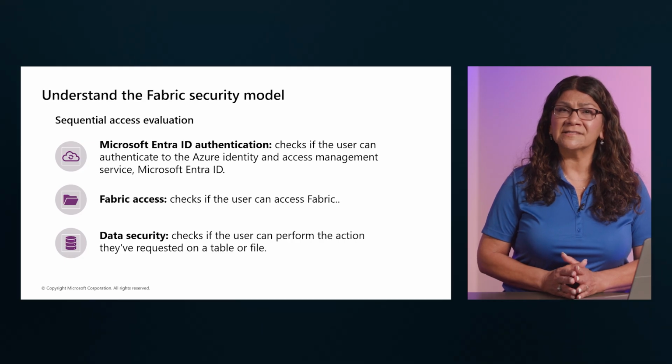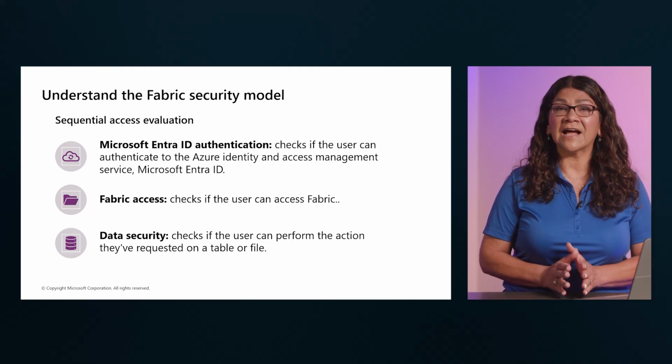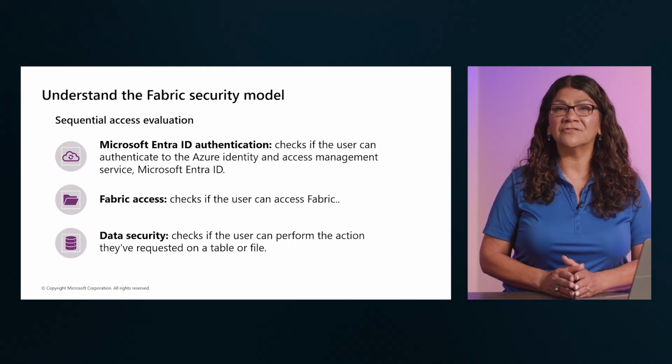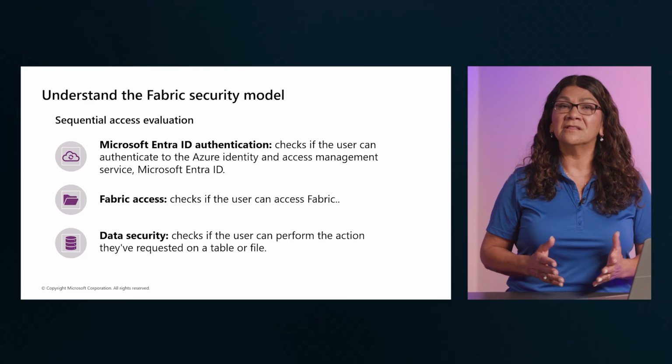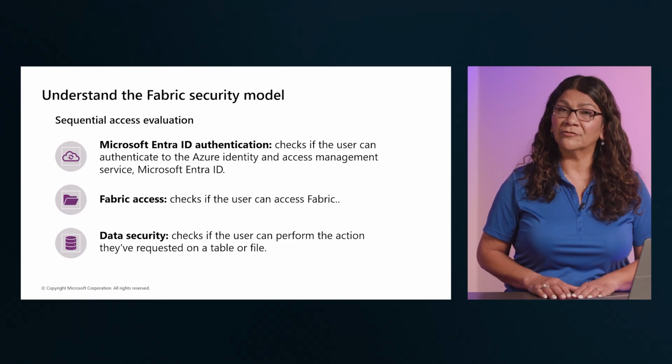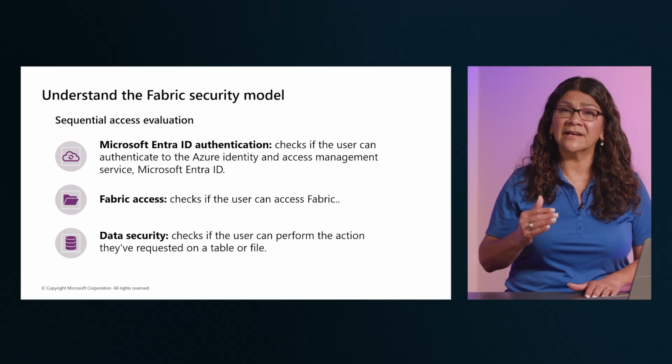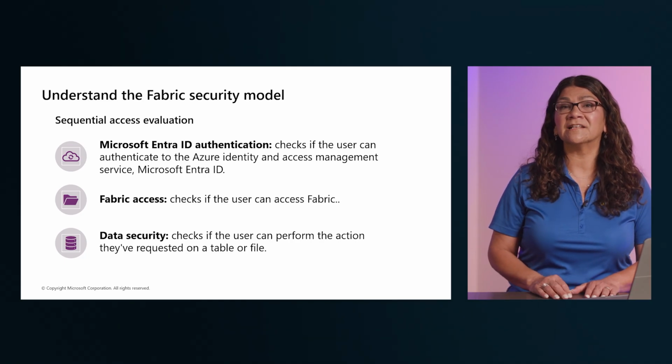Next, Fabric access checks if the user can access Fabric. And lastly, data security checks if the user can perform the action they've requested on a table or file. A user must be able to get through all 3 of these layers to be able to perform their task in Fabric.